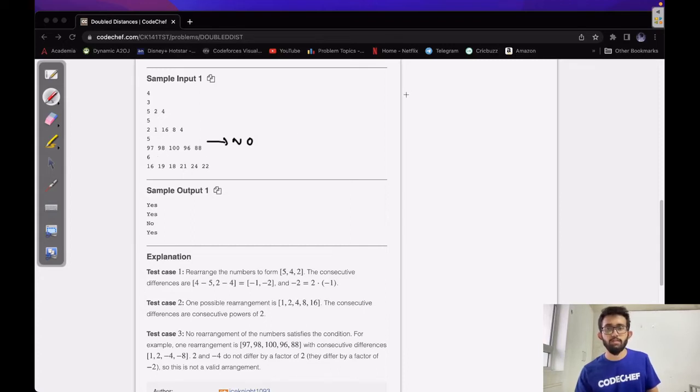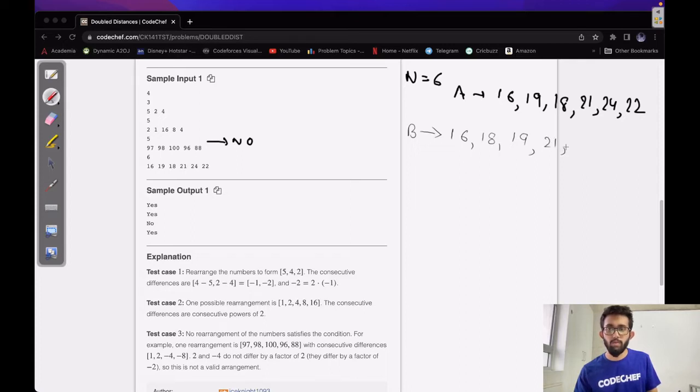Moving to the fourth sample test case, n is 6, with elements including 21, 24, and 22. Let array B be 16, 18, 19, 21, 22, 24. So the differences are 18 minus 16 is 2, 19 minus 18 is 1, this is 2, this is 1, and this is 2.